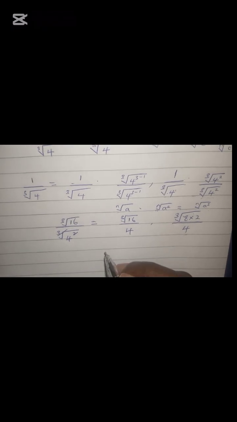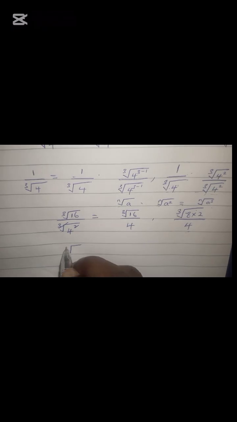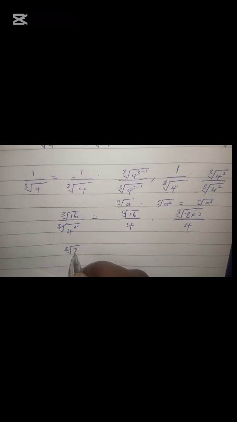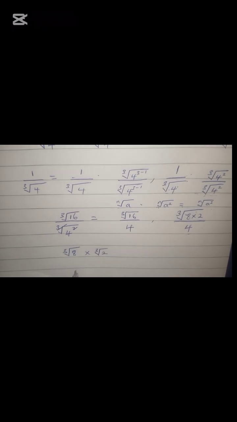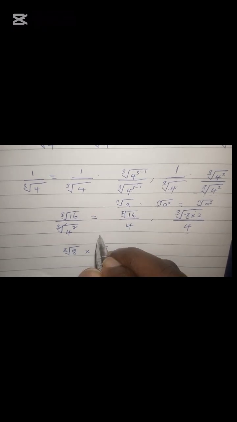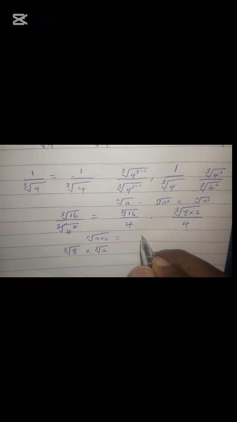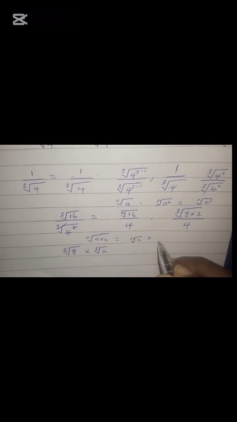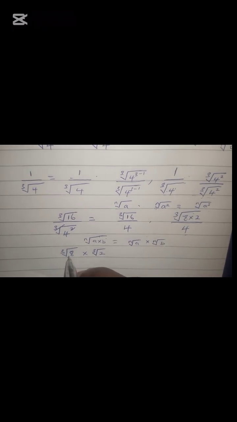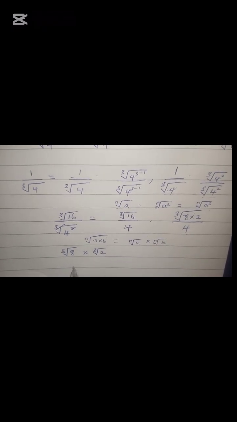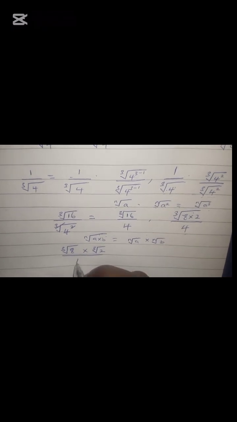Having done this, at this part we write this as the cube root of 8 times the cube root of 2, using the radical rule, which says the nth root of a times b is also equal to the nth root of a times the nth root of b. This radical rule is what we apply here, over 4.